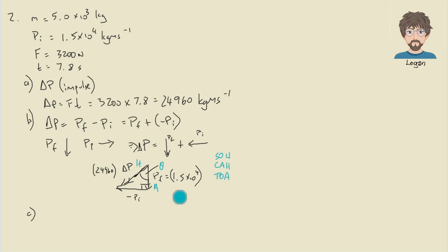So what have we got? Sine of the angle equals the opposite, that's that one, we don't want that one. Cosine of the angle equals the adjacent over the hypotenuse, so it's this one. So cosine of theta equals the adjacent, 1.5 times 10 to the 4.